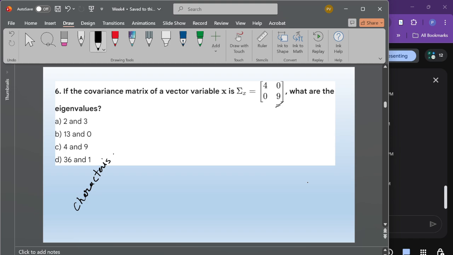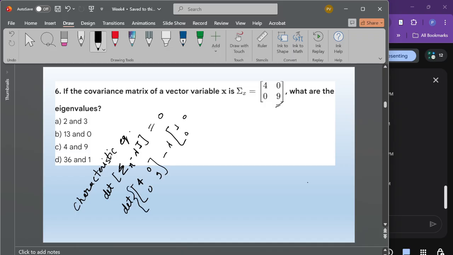The characteristic equation is the determinant of the covariance matrix minus lambda I equal to 0, right? Calculating the determinant of the matrix 4 0 0 9 minus lambda times the matrix 1 0 0 1 equals 0.